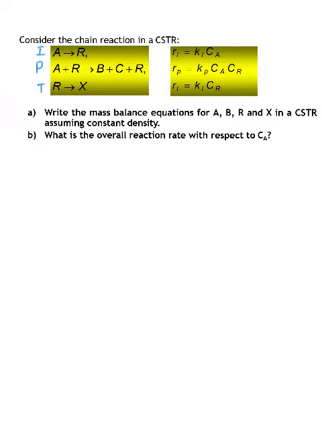The first question is: write the mass balance equations for species A, B, R, and X in a CSTR, assuming constant density. I assume that everybody should know how to write the mass balance equation, because I already gave an example in the previous video for each species.